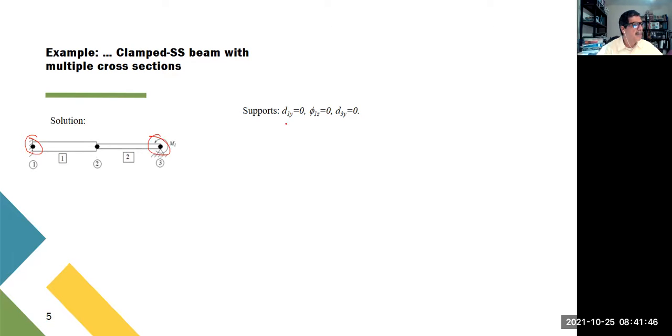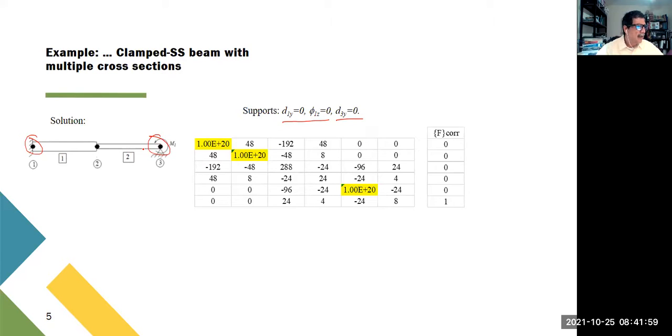That's what we're saying here. This is no translation, no rotation because it's clamped. And here is no translation because it's simply supported. That's that. This is the stiffness matrix, okay?